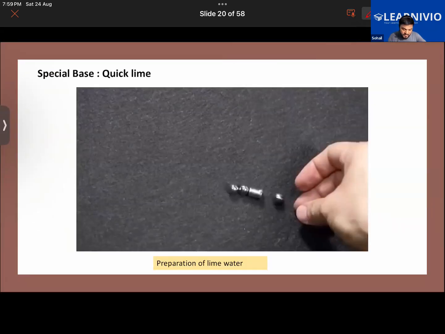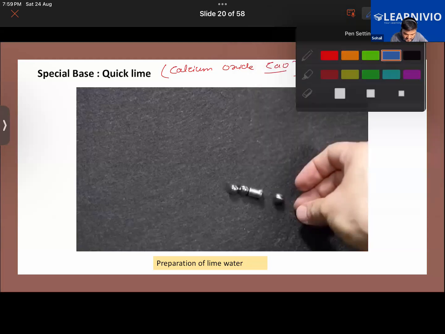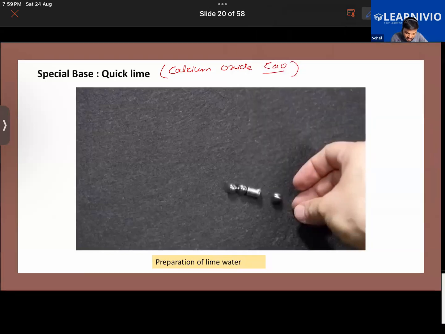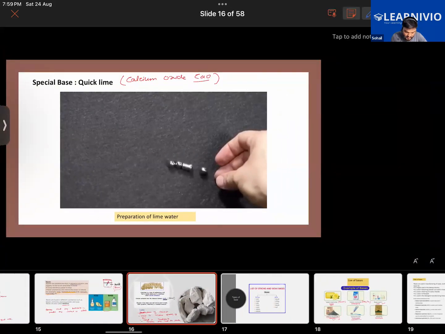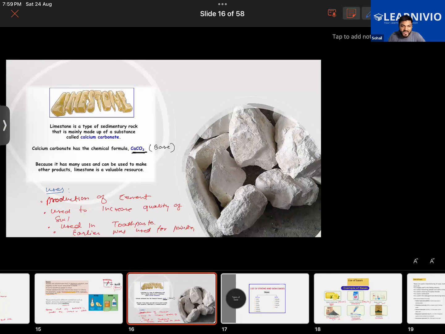Now, if you remember, we were learning about quick lime in the previous class, right? That is calcium oxide, CaO. This calcium oxide or quick lime is obtained from limestone.